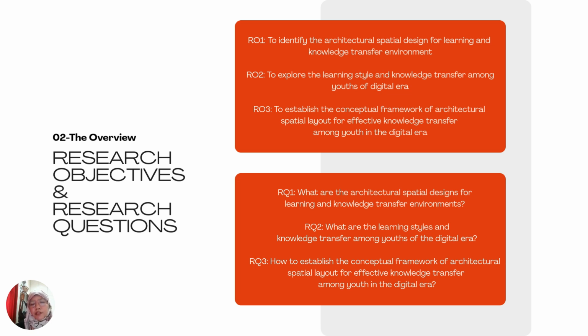The questions just reflect the objectives we are trying to achieve from this topic. So we'll go through what the architectural spatial design and learning and knowledge transfer environment are, what the learning styles are, referring to the Kolb Learning Style Inventory KLSI 4.0, and how to establish the conceptual framework of architectural spatial layout for effective knowledge transfer among digital natives.